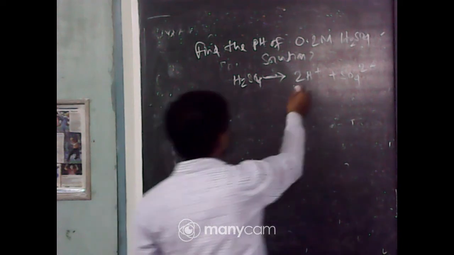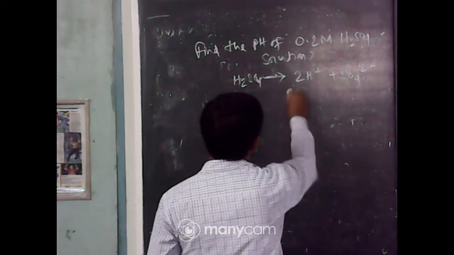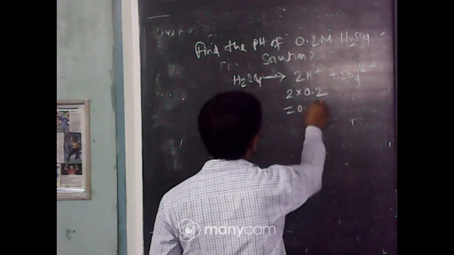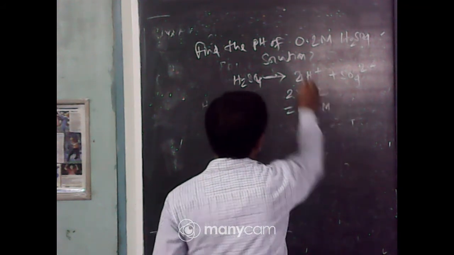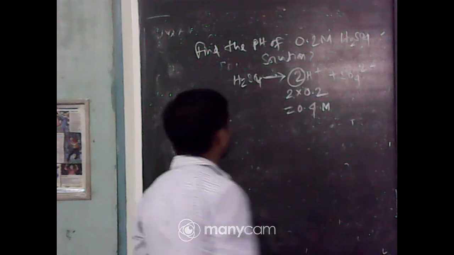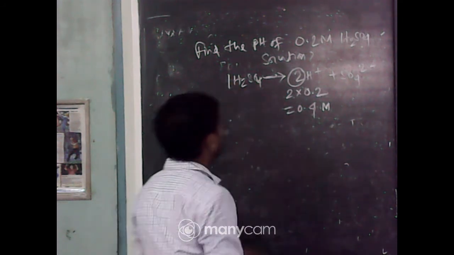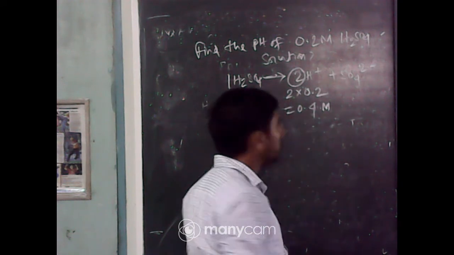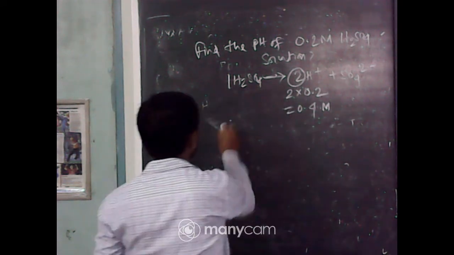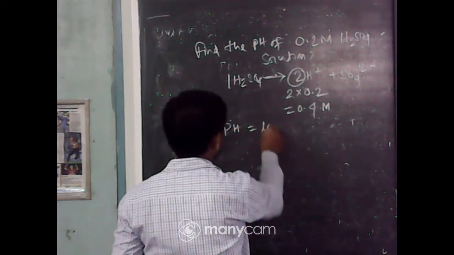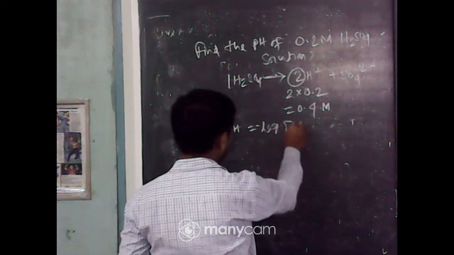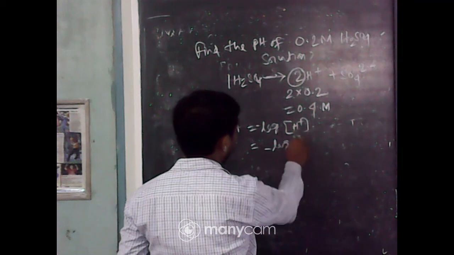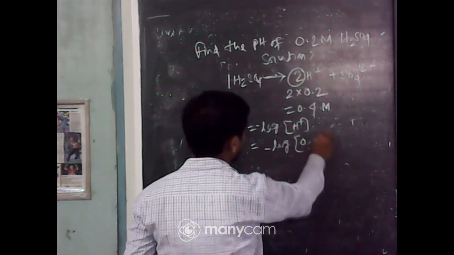So, the concentration of H plus is 2 into 0.2, that is equal to 0.4 molar, because the numerical coefficient is 2 here, here 1. So, the concentration, which was 0.2, will be multiplied by 2. Now, pH equal to minus log concentration of H plus, that is minus logarithm of 0.4.